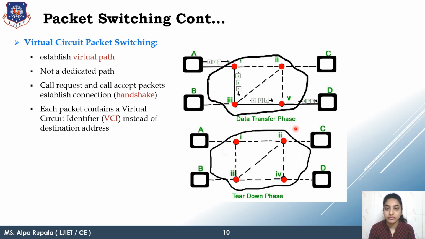The data transfer phase, in which we have already decided the VCI, and then the tear down phase, after all the data has been transferred, when this channel will be torn down. So the disadvantage of datagram packet switching is overcome, as your packets will not be out of sequence.